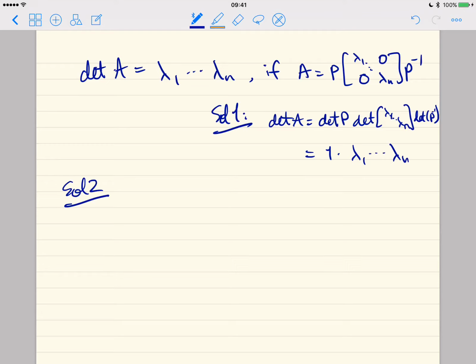And solution 2, which is relevant on one of the practice test problems actually, is to write out determinant of A minus lambda I, so the characteristic polynomial.